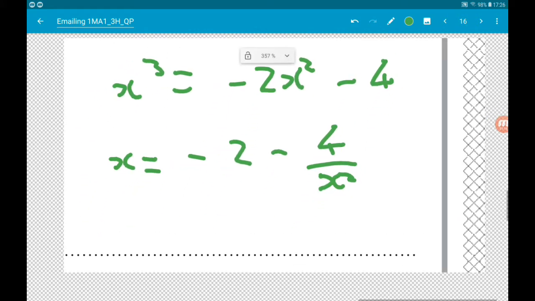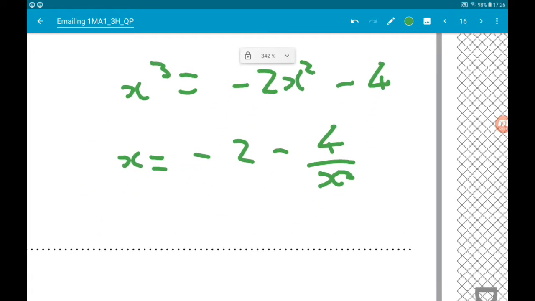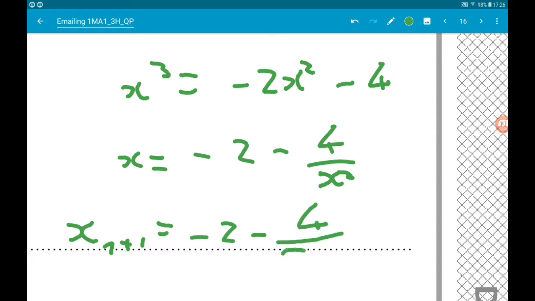Now this is where the iteration formula comes from. So x n add 1 is minus 2 minus 4 over x n squared.